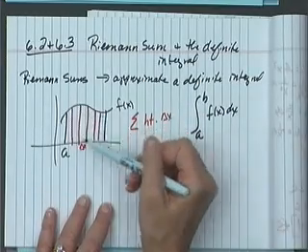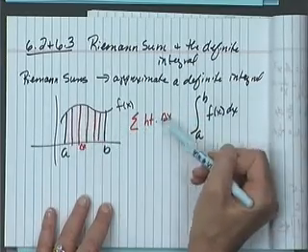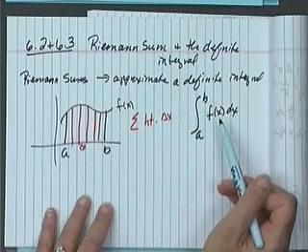So your question is, why would you use Riemann sums if you could evaluate the definite integral?